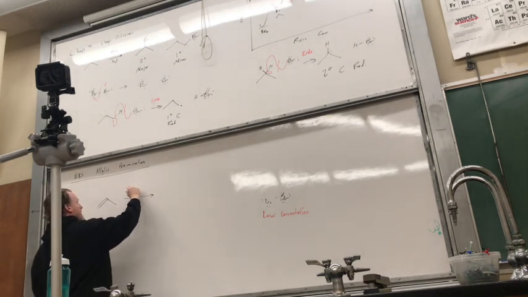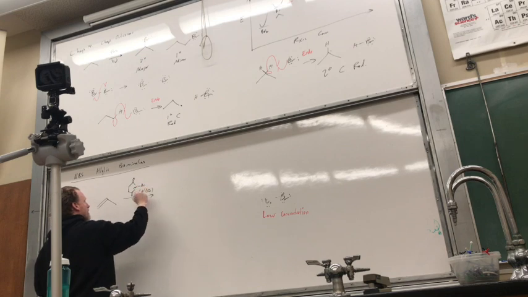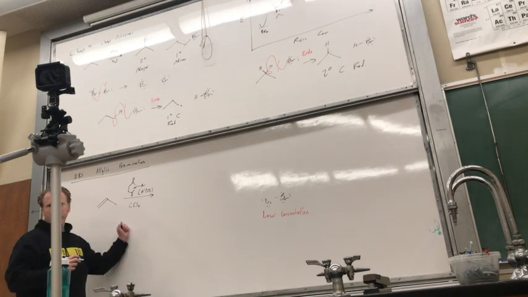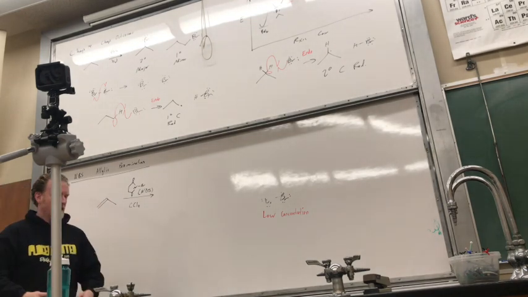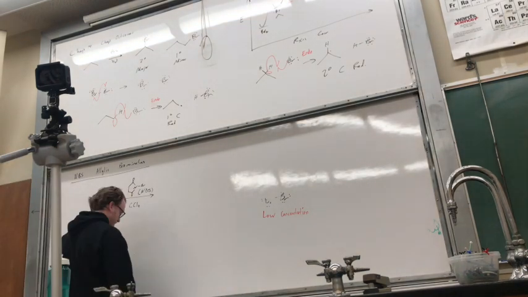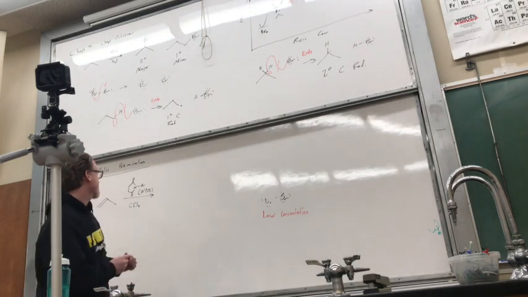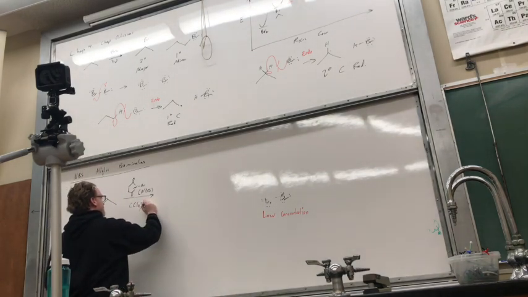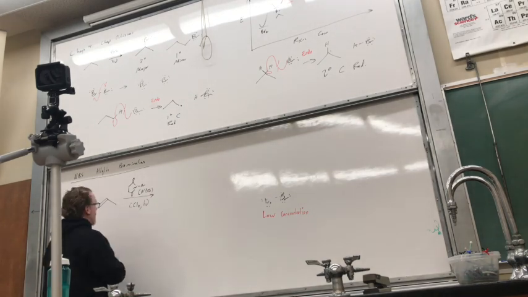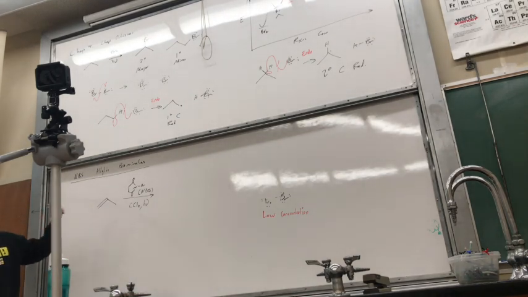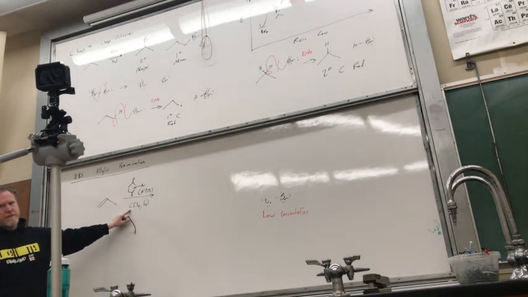So if we add the NBS, carbon tetrachloride, it's not very soluble in carbon tetrachloride, you know that? And one other thing too, light. So the NBS is not very soluble in the carbon tetrachloride.